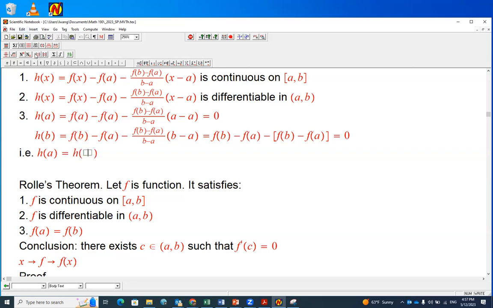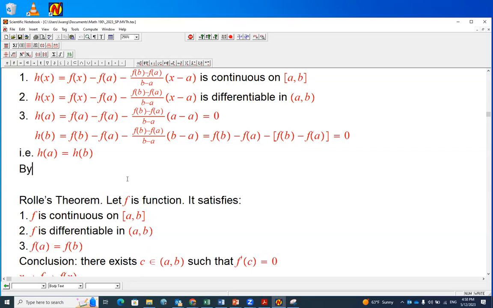So all three conditions of Rolle's theorem are satisfied, right? All three conditions are satisfied for Rolle's theorem when h is considered. So the conclusion for h will be applicable, okay?